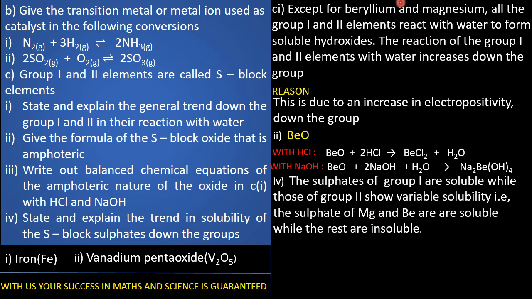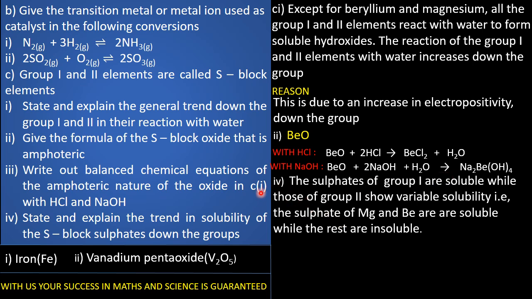Keep in mind that we saw magnesium and beryllium here, and we saw that these two elements do not react with water, but their sulfates are soluble, while the rest are insoluble. Keep in mind that all group 1 sulfates are soluble.